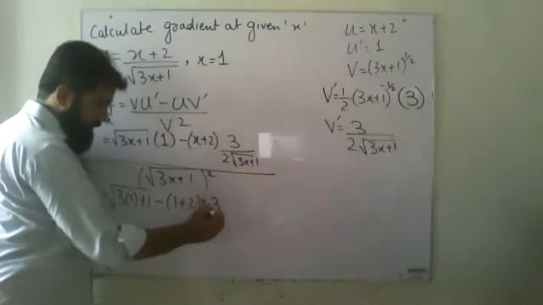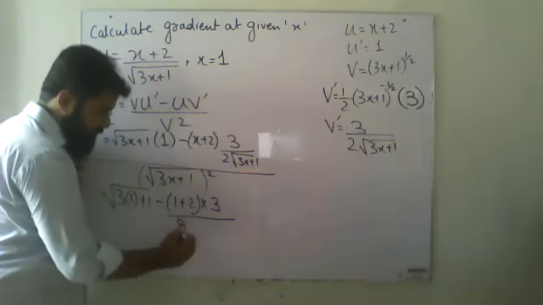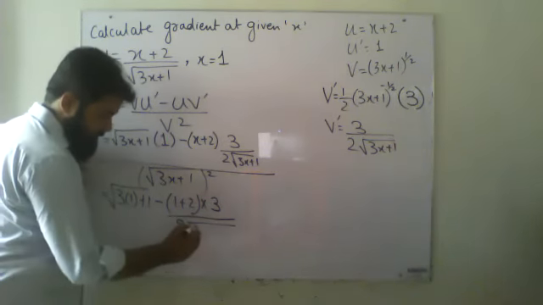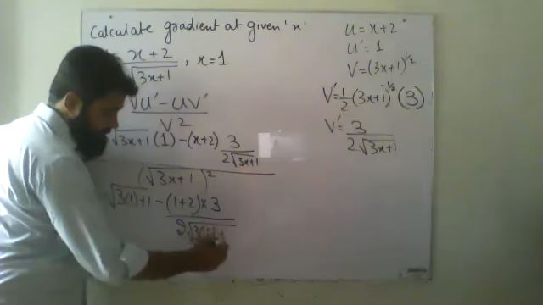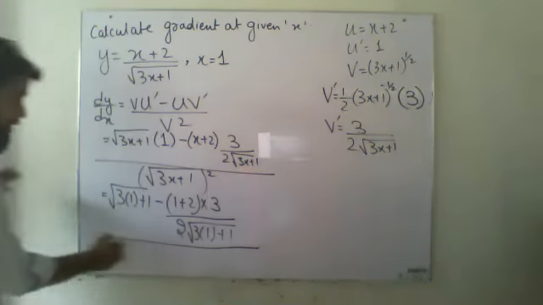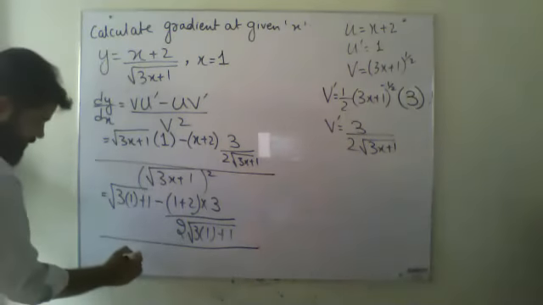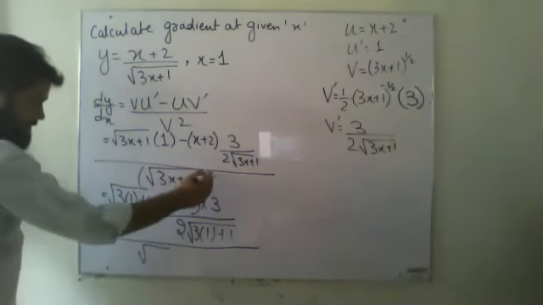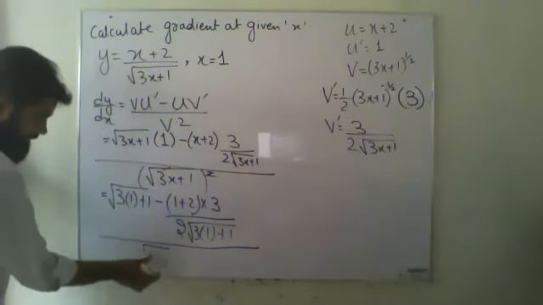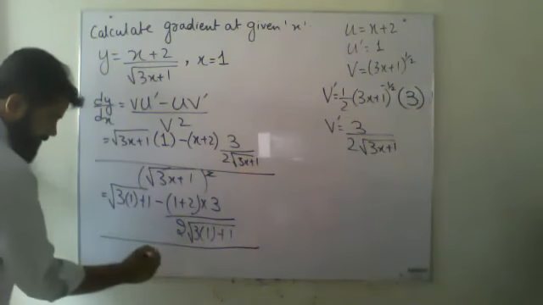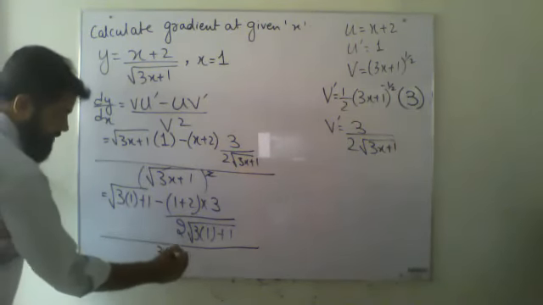Multiply by this 3 over 2 under root 3 into 1 plus 1, upon under root, square. Okay, square and root will be cancelled. So 3 into 1 plus 1.